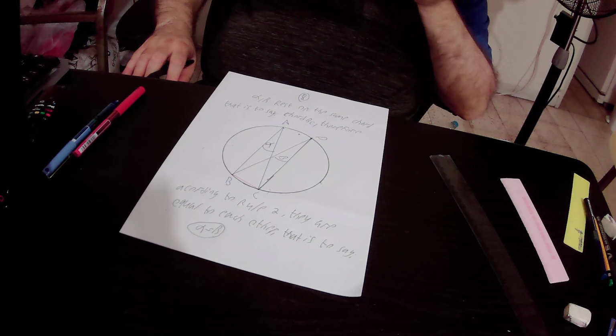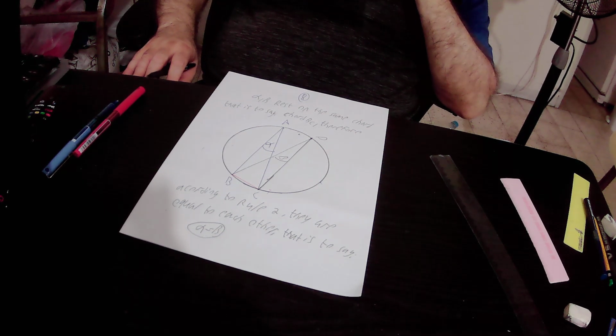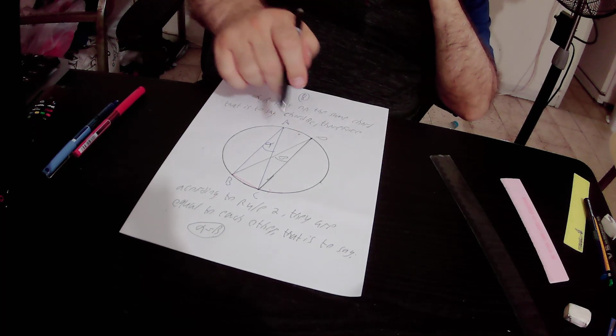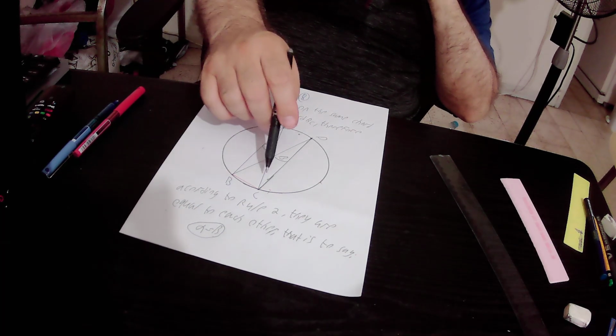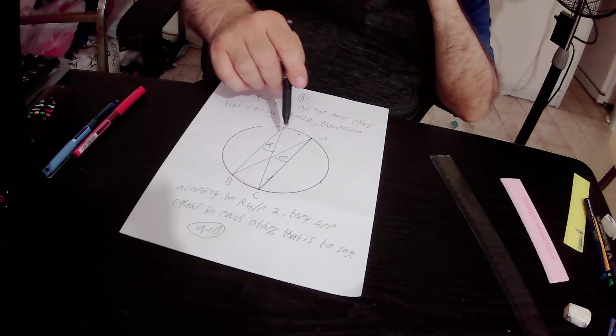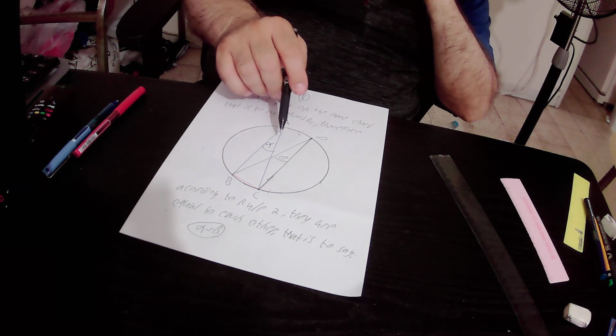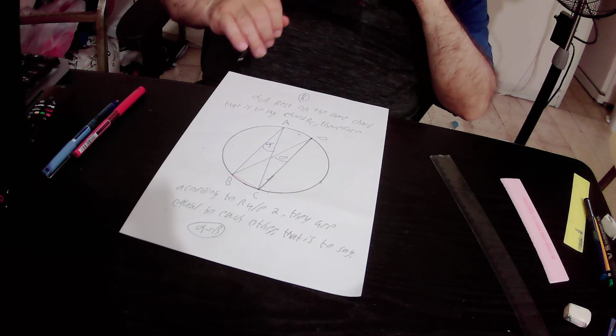So if we have two peripheral angles that rest on the same chord or same arc, then they are equal to each other. In this example, peripheral angles alpha and beta rest on the same chord BC, therefore according to rule number 2, they are equal. That is to say, alpha equals beta.